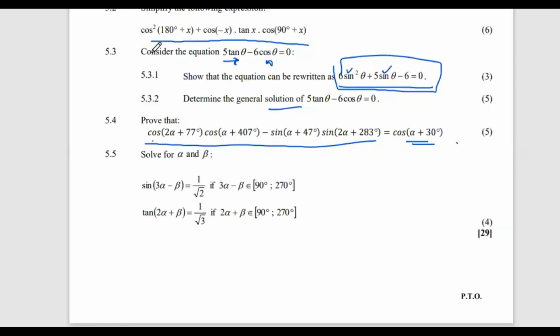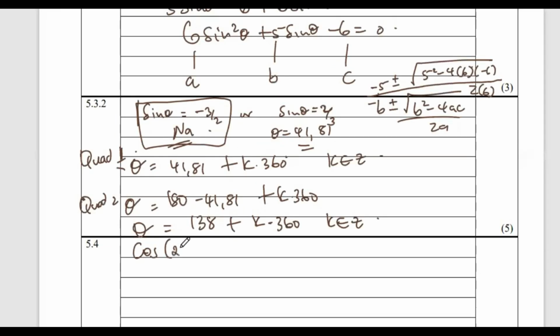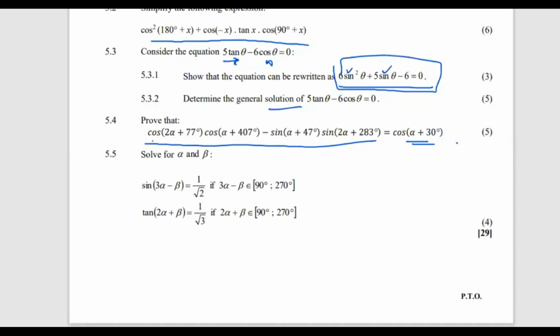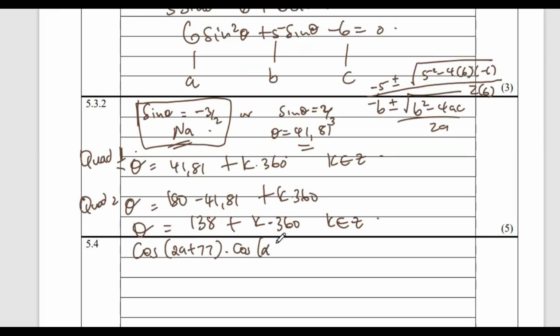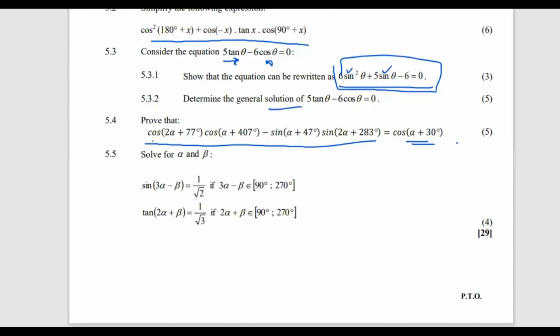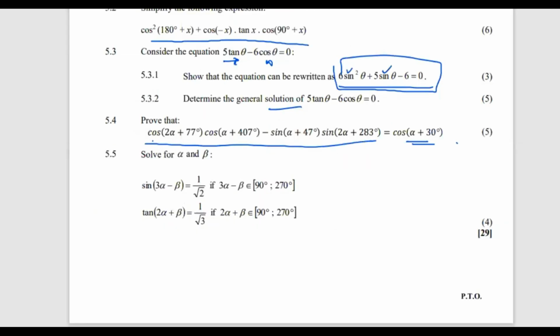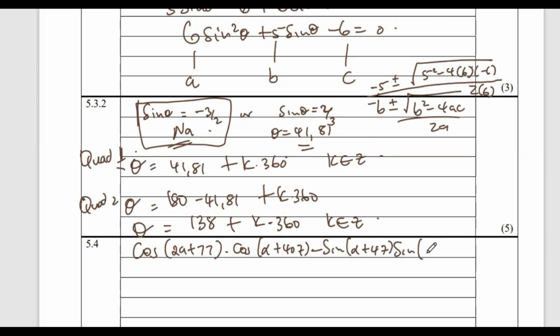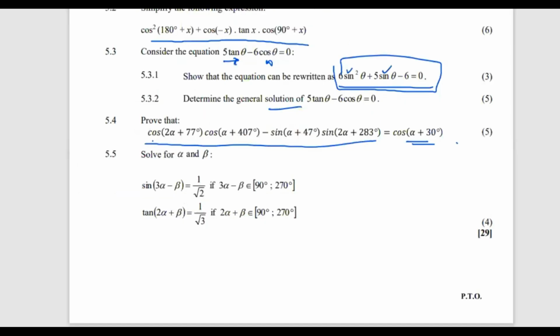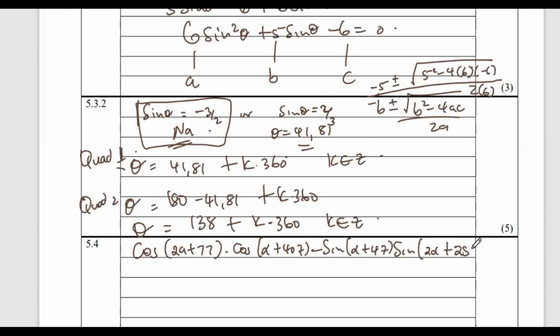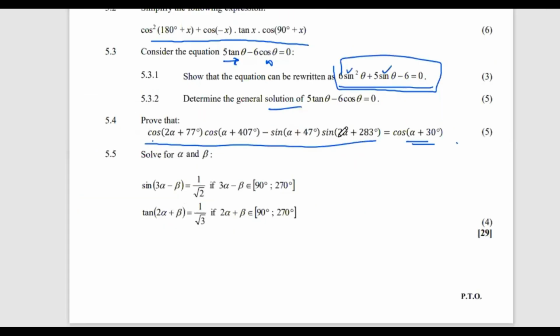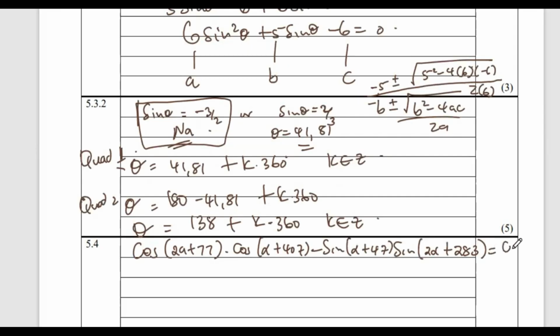So we have cos of 2 alpha plus 77, and then you have cos of alpha plus 47, and then this is minus sine of alpha plus 47, and then sine of 2 alpha plus 283 is equal to cos of alpha plus 30.